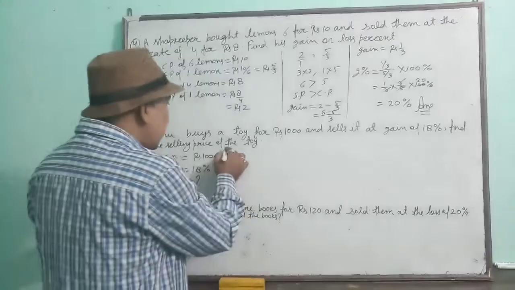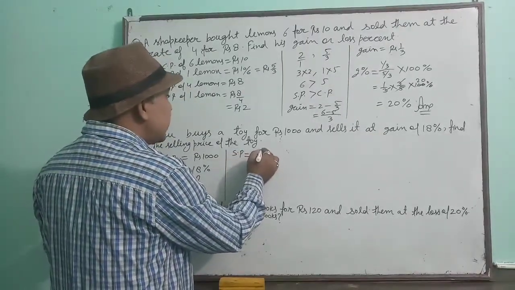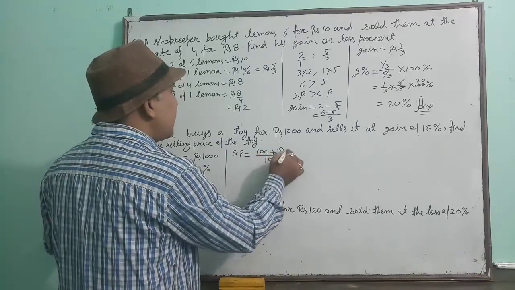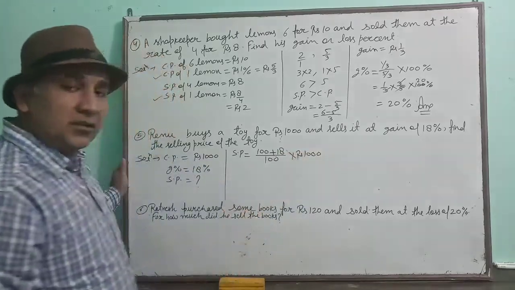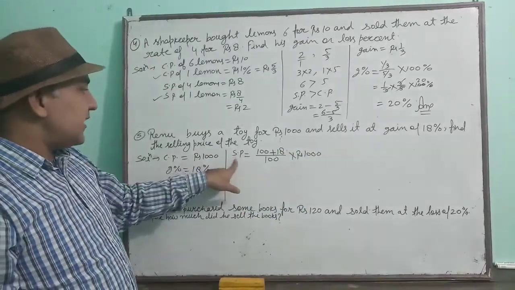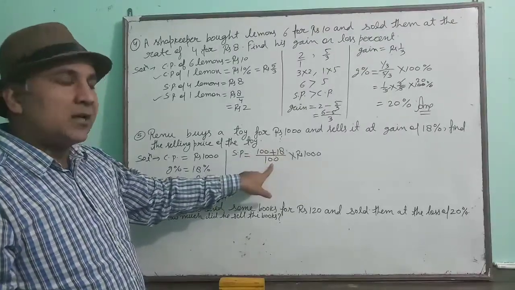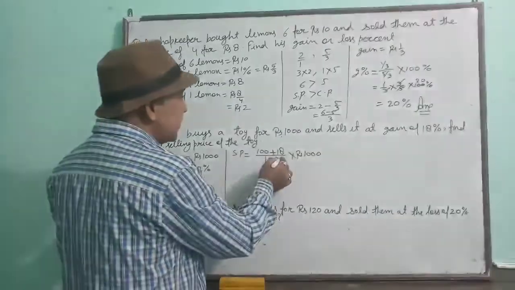So apply the formula and calculate it. Selling price is equal to 100 plus gain percent upon 100 multiplied by cost price. This is the formula. Now solve and get your answer.